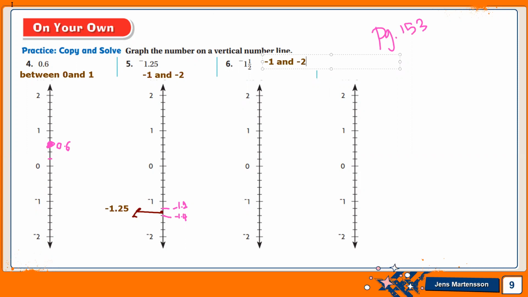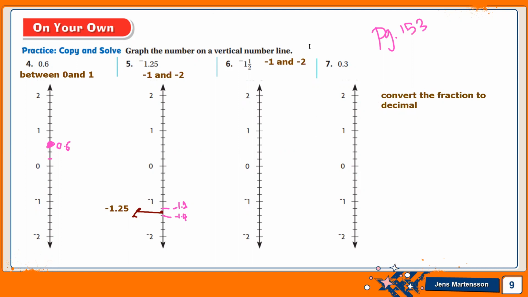Then next, now first of all, negative 1.5. This is a fraction. How can I write it as a decimal? You have to convert the fraction to decimal because the number line is in decimals.